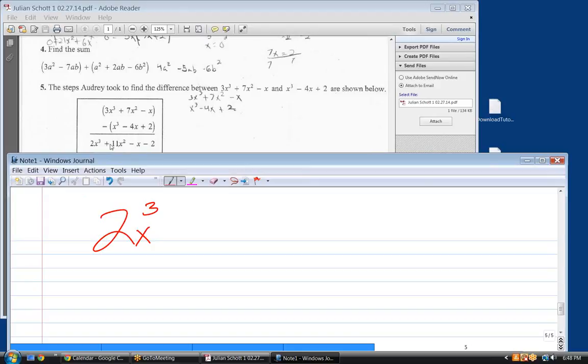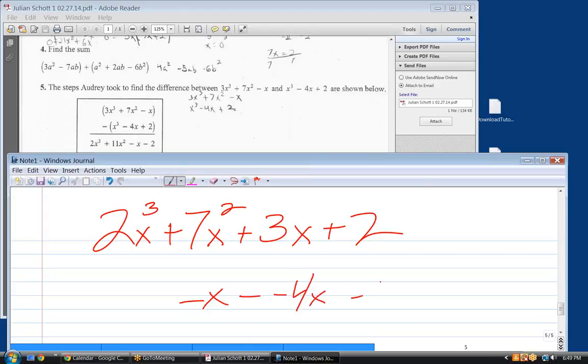Is it 2x cubed plus 7x minus 3x? Oh, x squared. Plus 3x. Oh yeah, plus 3x. Plus 2. Remember, minus x minus a minus 4x was 3x. Yeah. Okay.